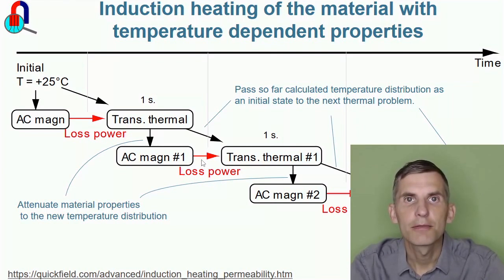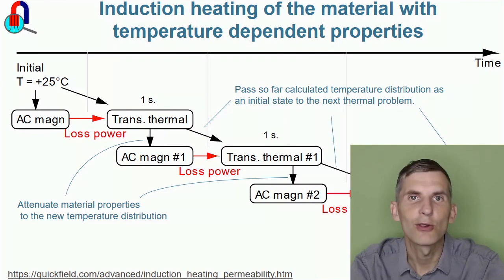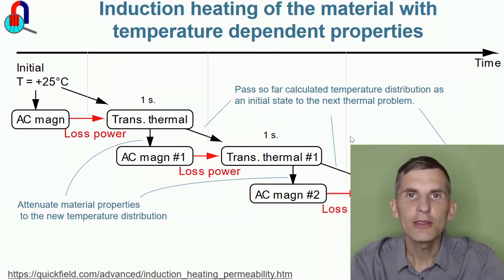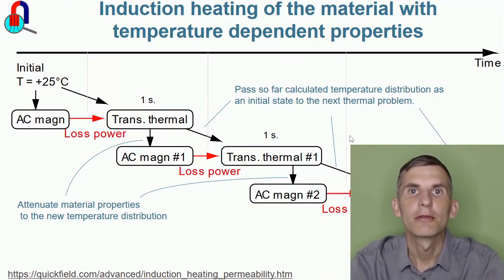Then we pass the new power distribution and temperature distribution to the next stage problem, which simulates the temperature rise during the next stage, and so on. Stage duration should be short enough to consider the temperature and electromagnetic properties to be constant during the stage simulation.